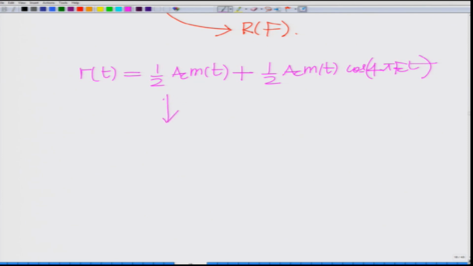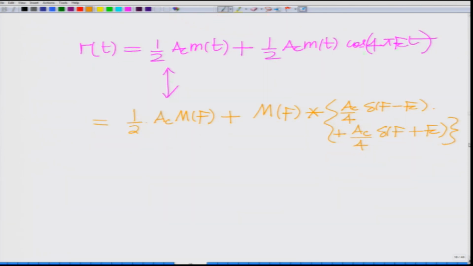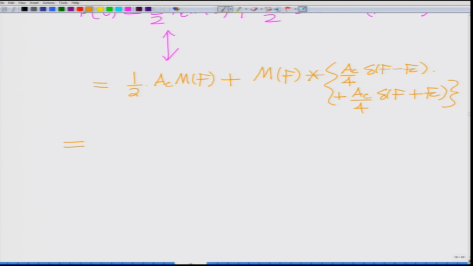The spectrum of half A c m t is half A c M f, plus M f convolved with the spectrum of A c over 2 cosine 4 pi f c t, which is A c over 4 delta f minus f c plus A c over 4 delta f plus f c.